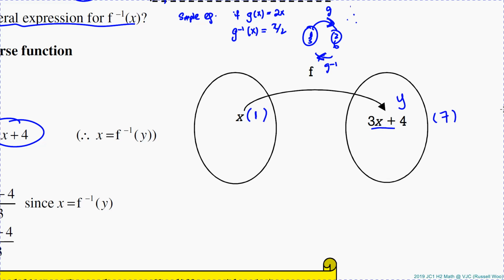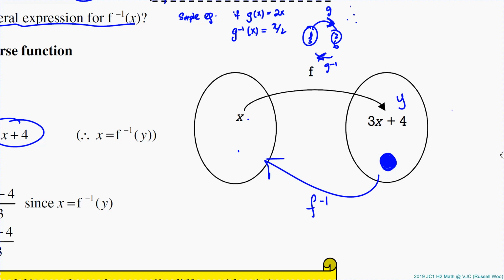So far so good, we know the rule this way. Now, our objective here is, if I put a number here, what is the rule for this number? What is this f inverse rule such that I process the number this way?